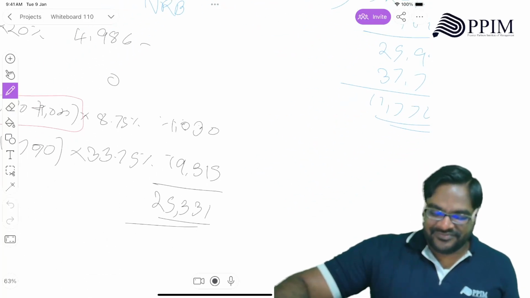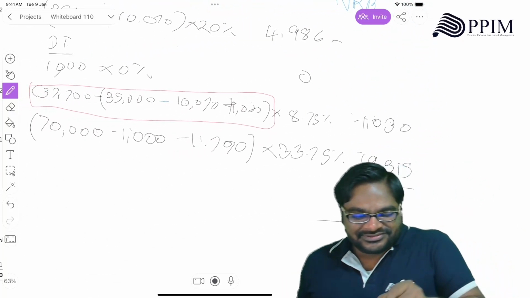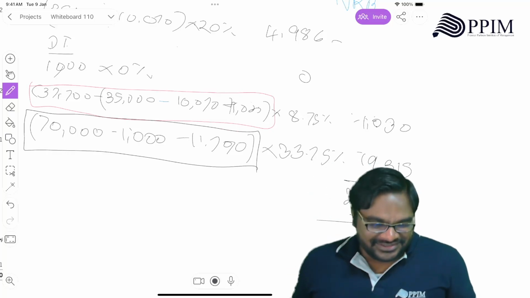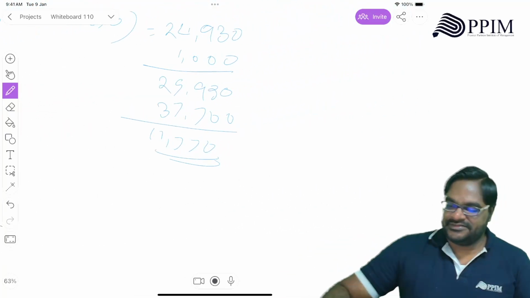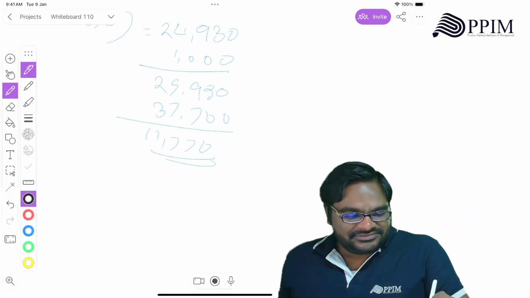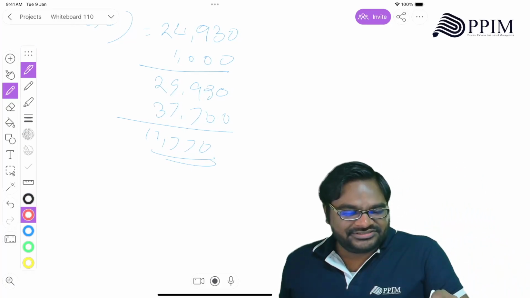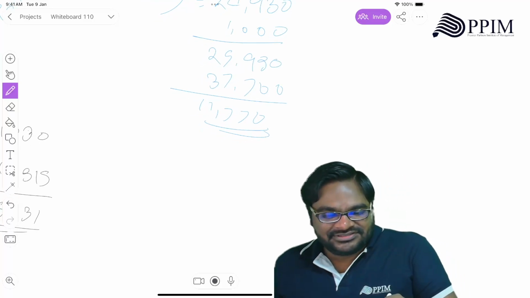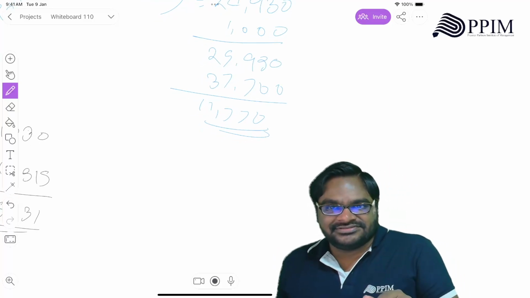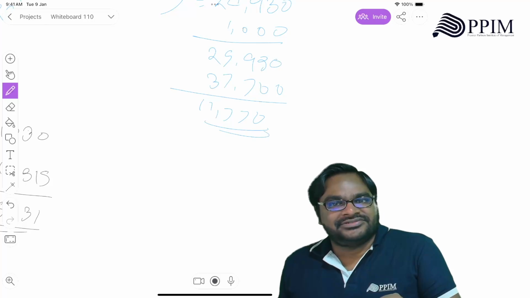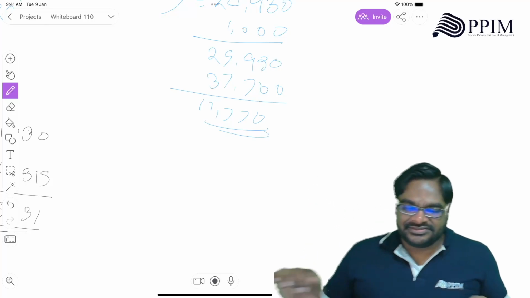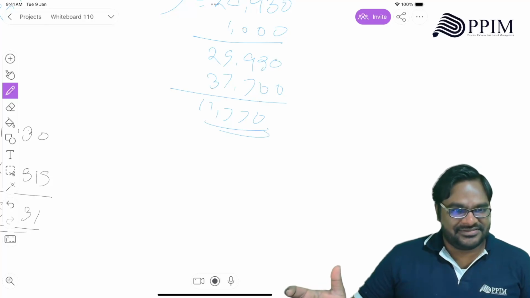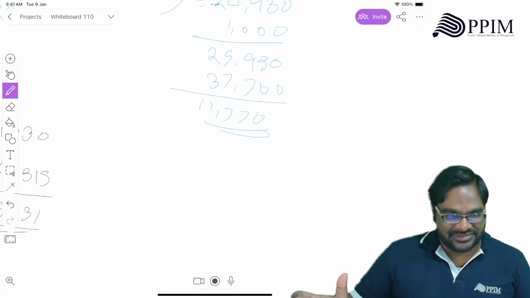Then you had a problem with this part, no? Now your total amount is how much? Taxable amount. Not 135, right? 70,000 plus 35,000 is your full taxable amount.